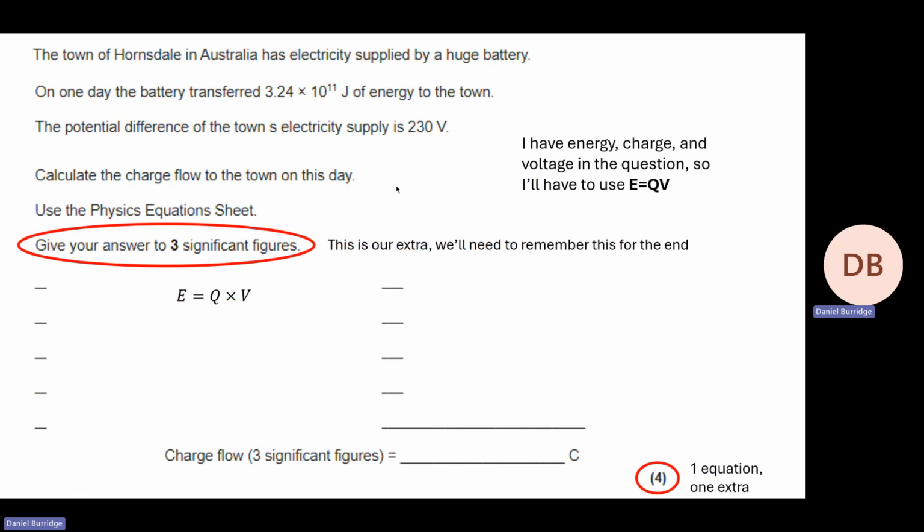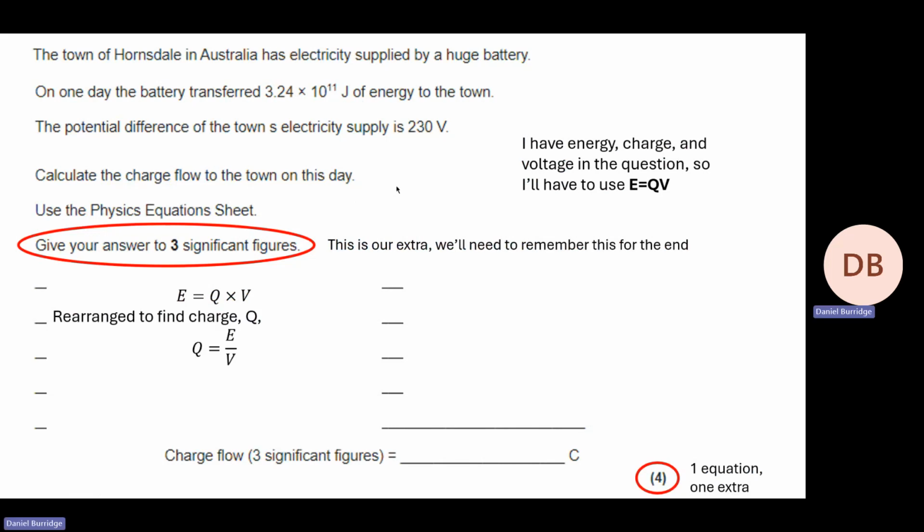The question tells me to calculate the charge, and my equation, again, is in the same order as it's written in the symbol one. Q is charge, so I need to rearrange for Q. At the moment, it's multiplied by V, so I'm going to do the opposite to both sides. I'm going to divide both sides by V. That means I get Q equal to E divided by V.